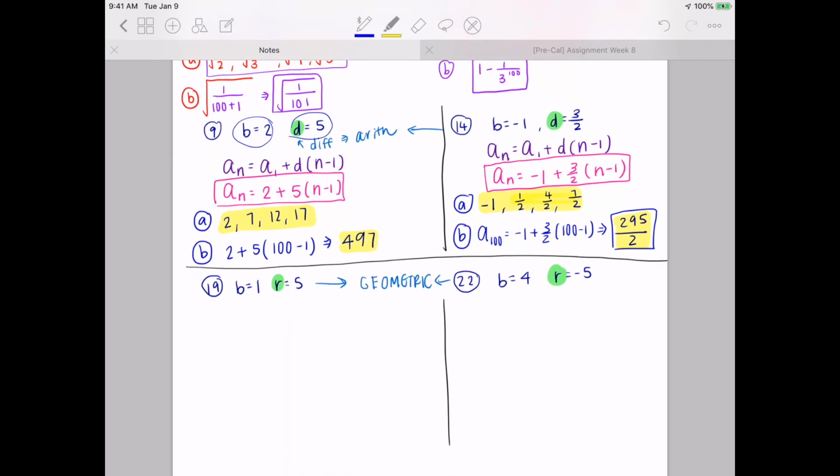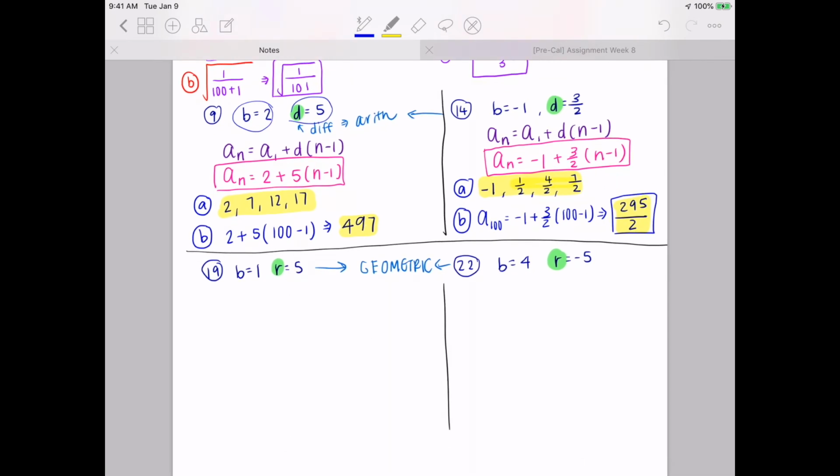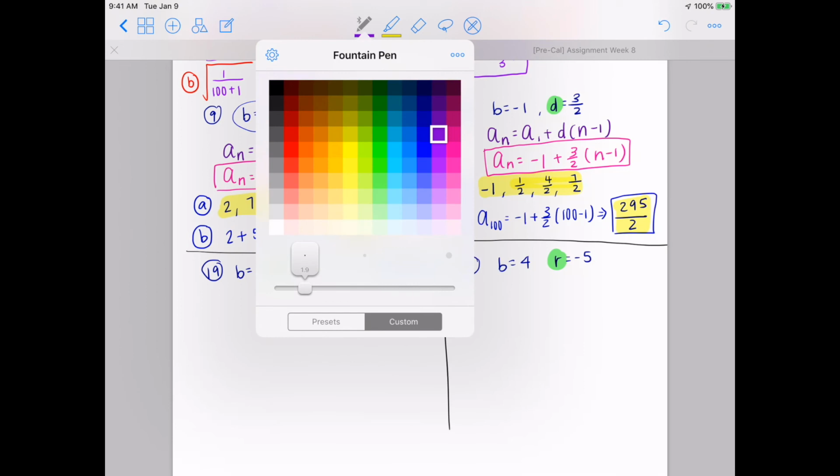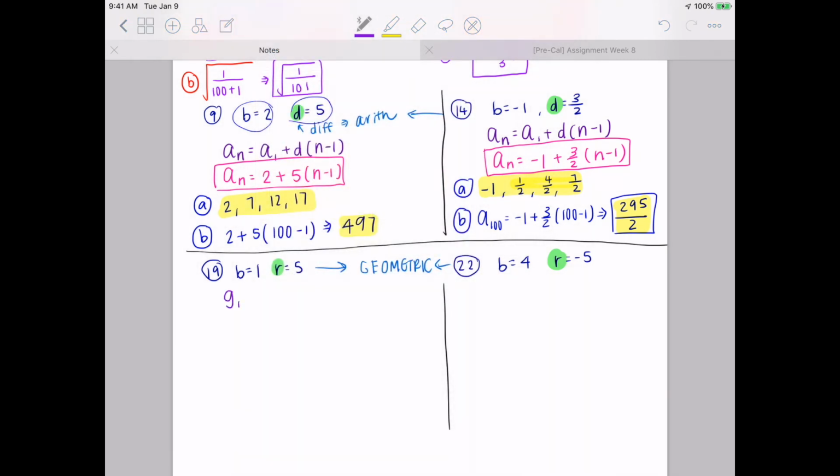Okay, bottom one, it's multiplication. So let's figure out the formula. Formula is going to be g sub n equals g sub 1 times r to the n minus 1.